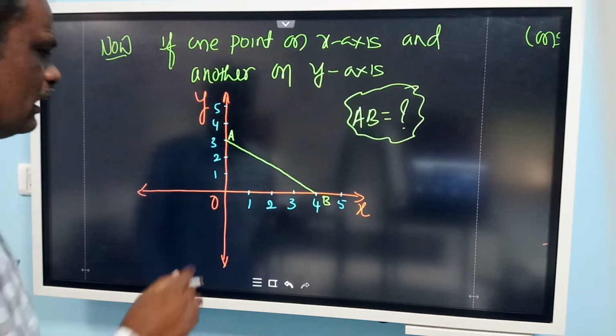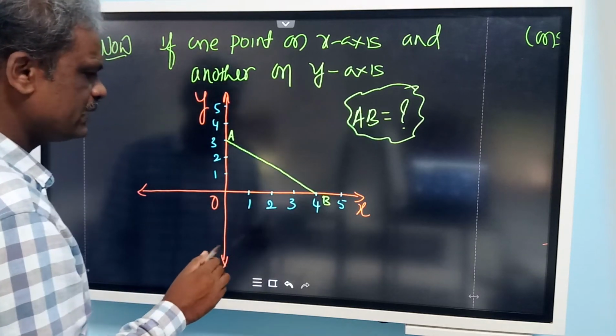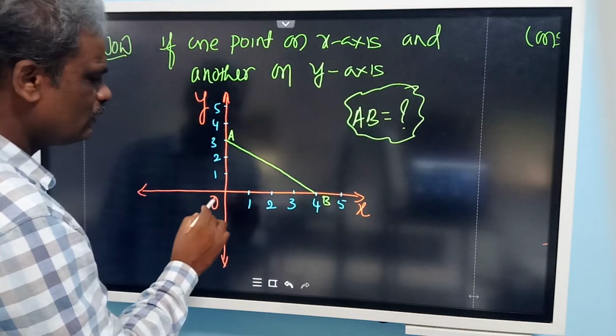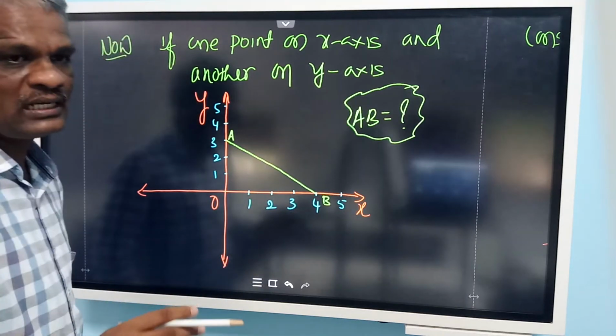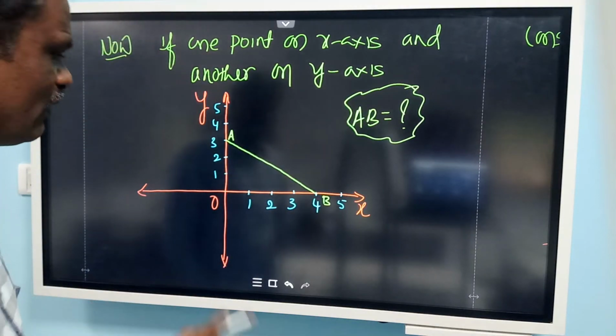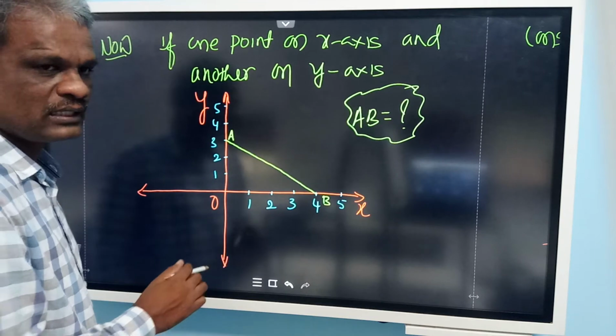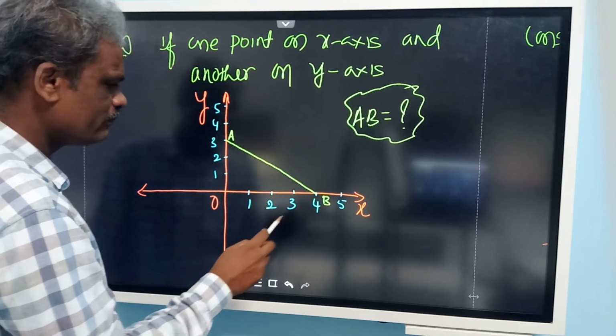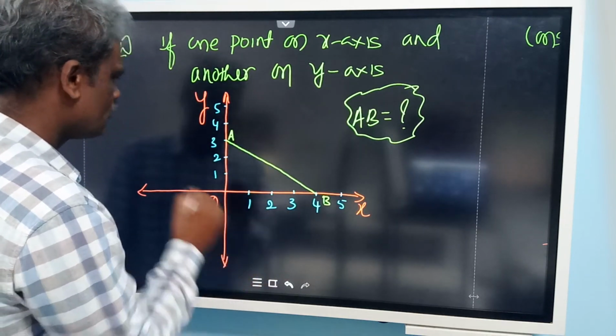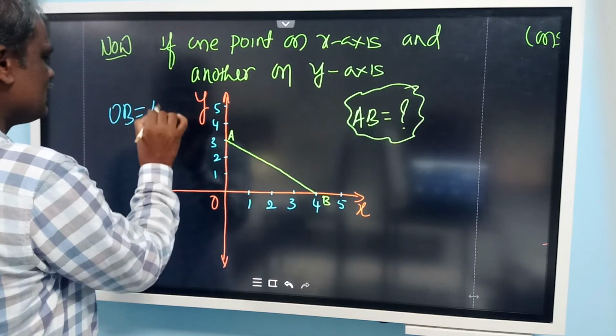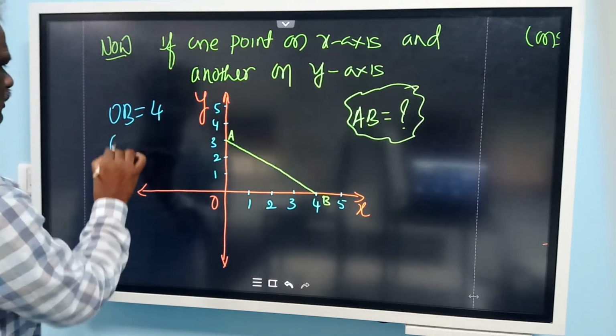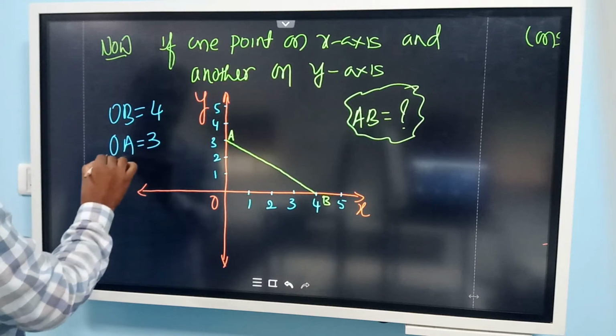Pythagoras theorem. Very good. Now, how to find AB? Look at this. This distance you can calculate. OB distance you can identify by looking at this graph, the Cartesian plane. What is the distance here? OB is 4. OB is equal to 4 units. And then OA is equal to 3 units.